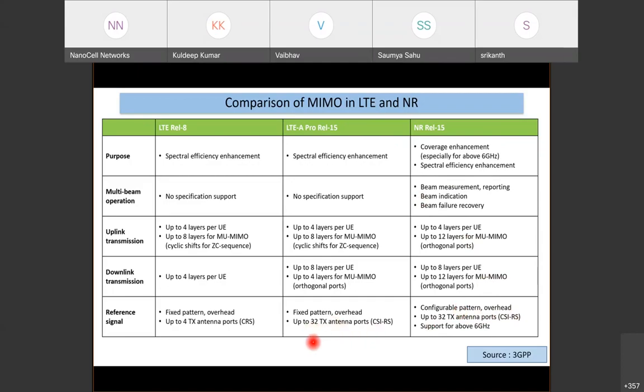So in LTE, you will find it not in the early releases. So overall, LTE kick-started us on the MIMO path. NR just comes and fine-tunes it for FR1, especially with a strong focus on MU MIMO. And for FR2, it brings all these beam-based aspects so that coverage-related enhancements can take place.